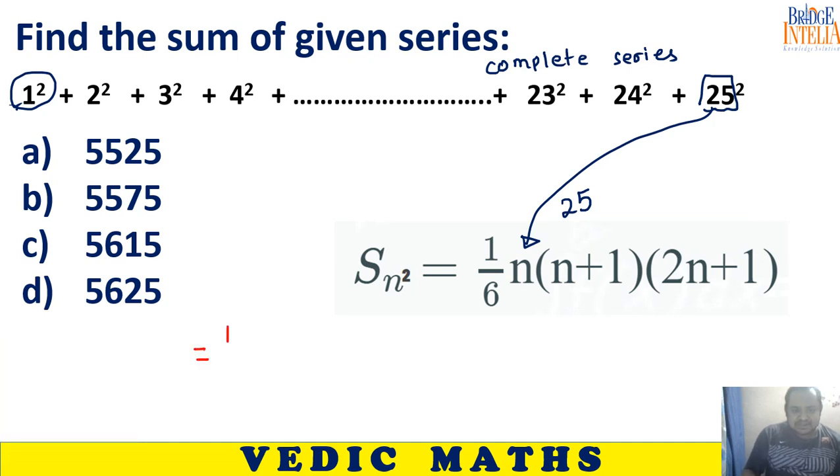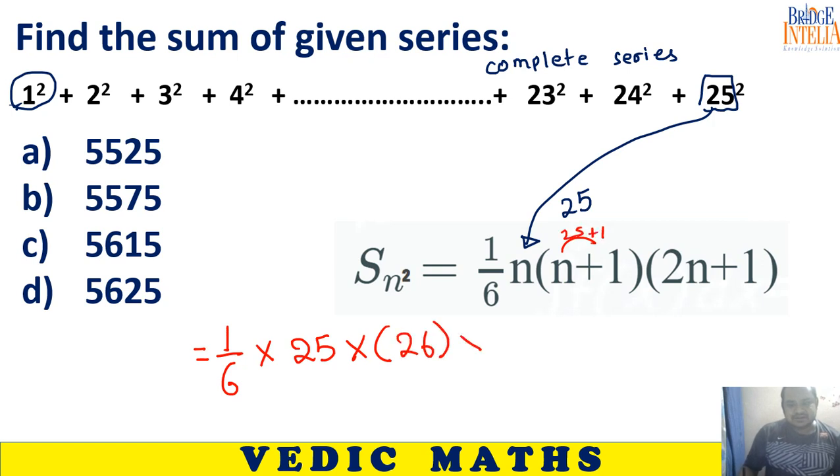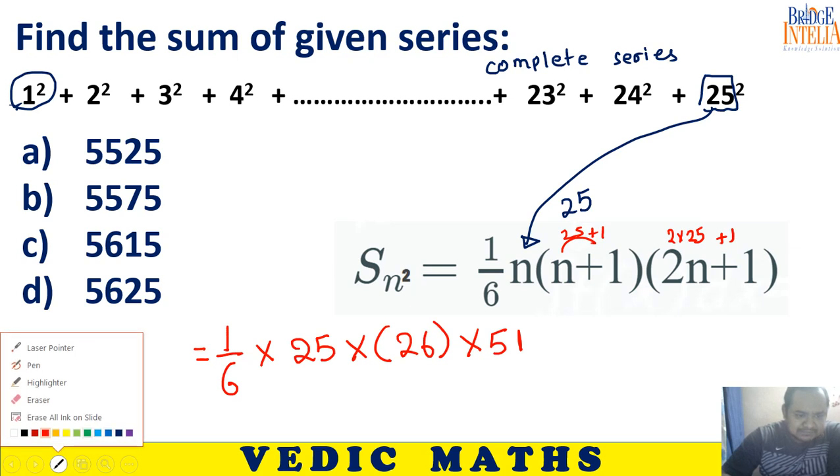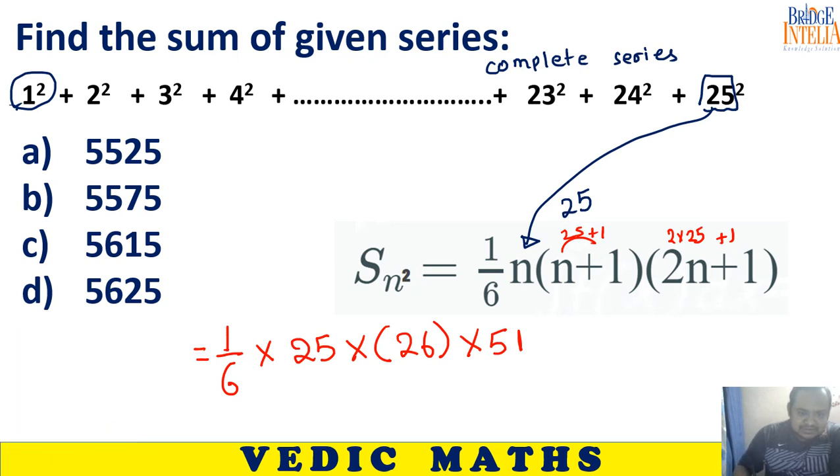So that is equal to 1 by 6 into 25 into 25 plus 1. 25 plus 1 is equal to 26. So 25 into 26 into 2 into 25. 2 into 25 is 50, 50 plus 1 is equal to 51. Let's solve this. The 6 and 51 are both multiples of 3: 2 threes are 6 and 17 threes are 51, so here 17.